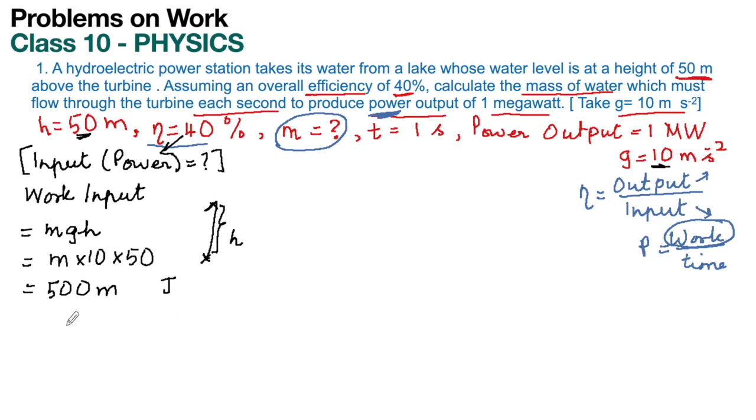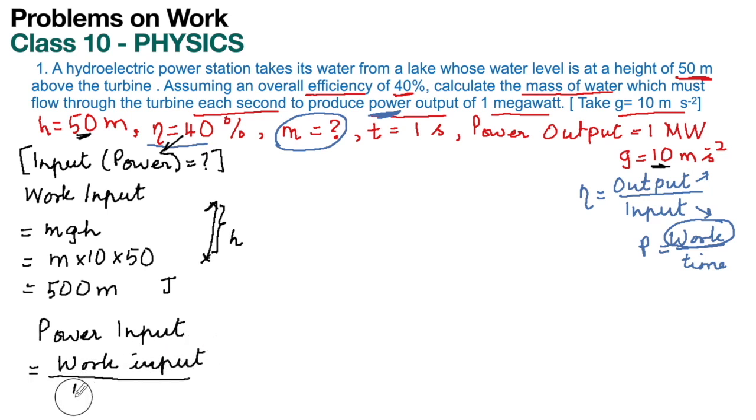So I will have therefore power input equal to work input upon time, which means it will be 500 M upon 1 second. Correct?